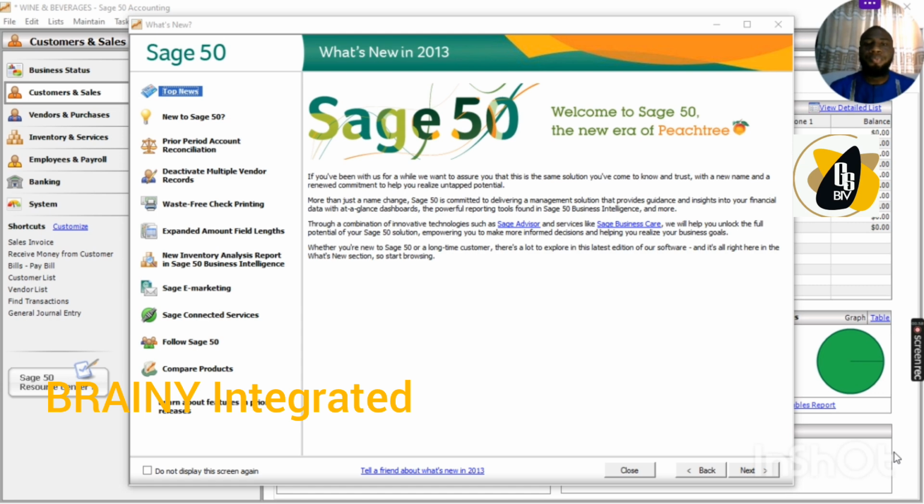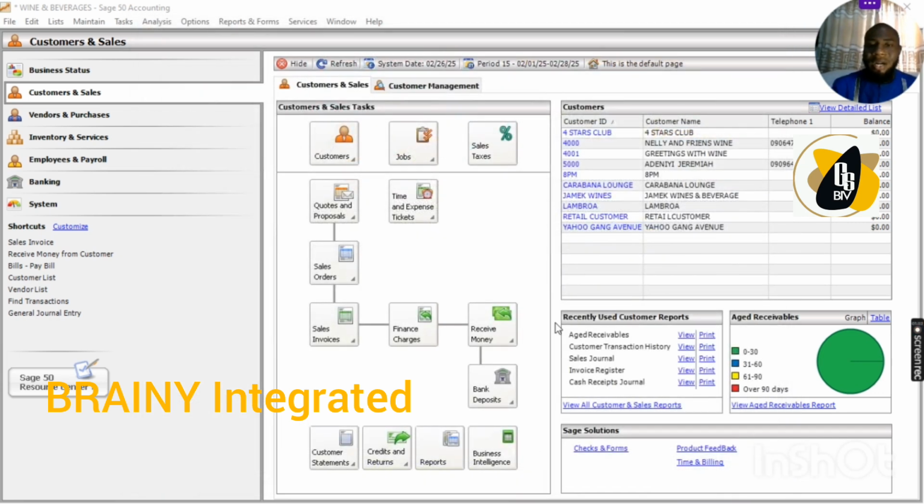All right, so I'm going to close this, and to record accrued expense for staff salary, I may need to explain one or two things here. Staff salary that is yet to be paid is an accrual.